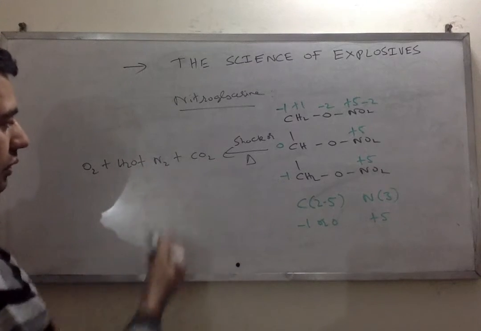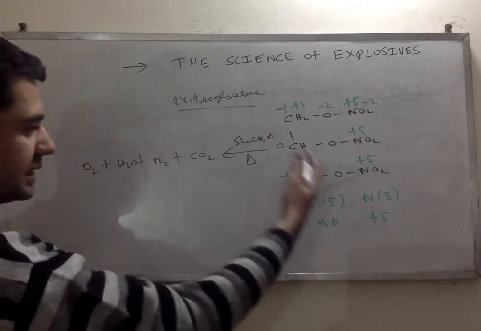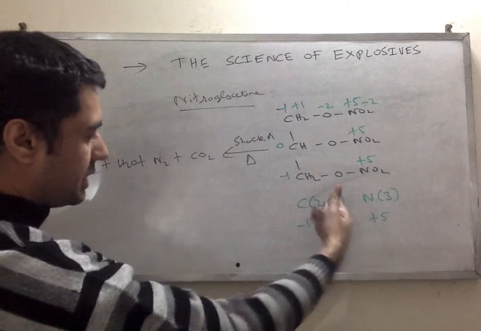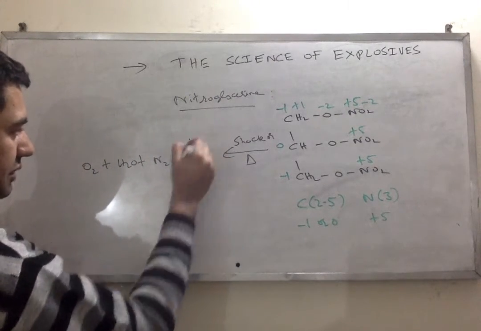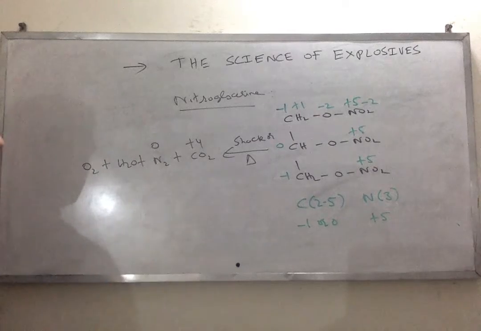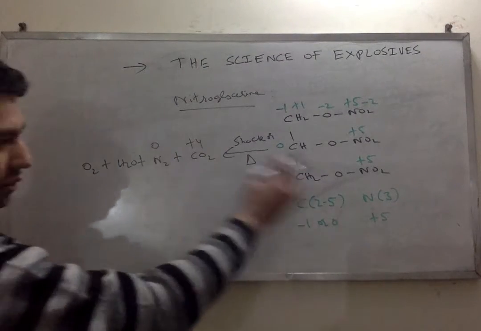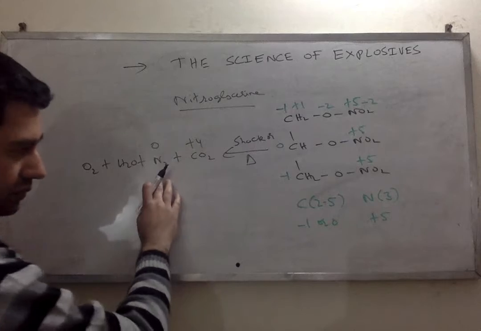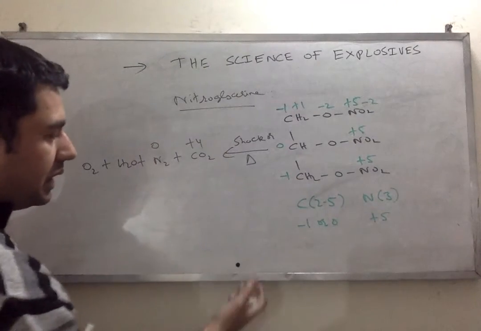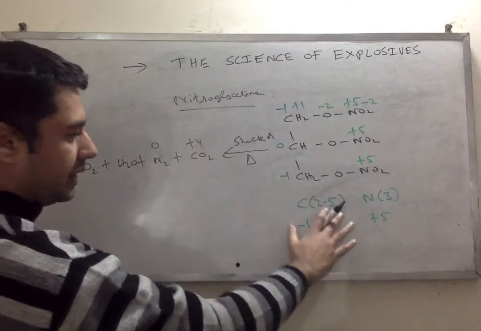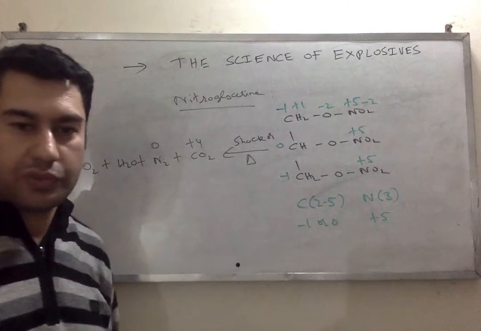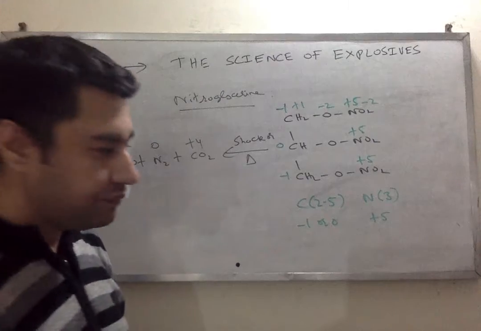And if we look at the products, we'll see that this imbalance in terms of oxidation numbers has been completely removed, with carbon now present in its usual oxidation number of +4, and nitrogen has reduced its oxidation number to 0. So nitrogen goes from +5 to 0, its more usual oxidation number, and carbon from -1 or 0 moves on to +4, and therefore this imbalance has been removed. So this is the first example.